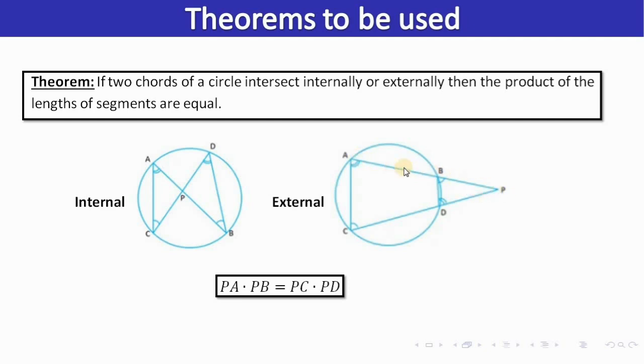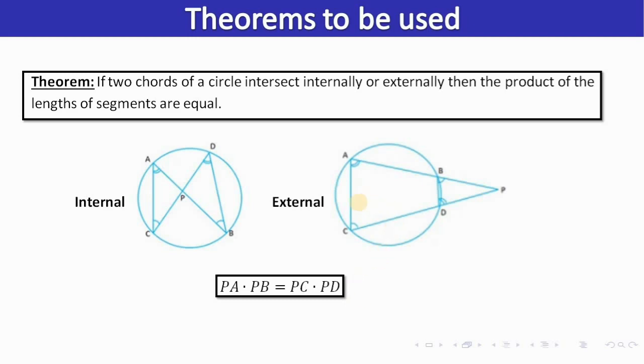So according to this theorem, we should have PA into PB equals PC into PD. Please remember this theorem so that we will be able to use it while solving problems.